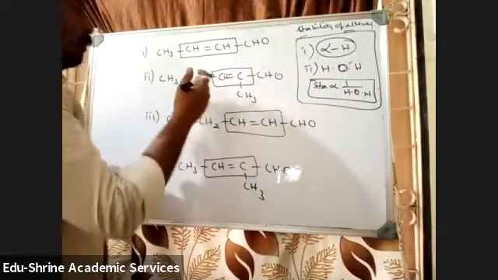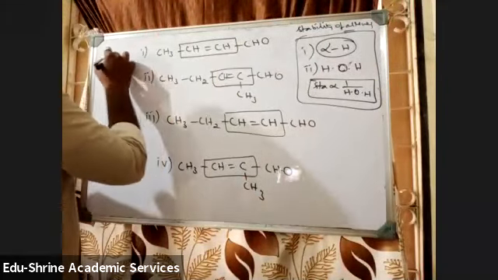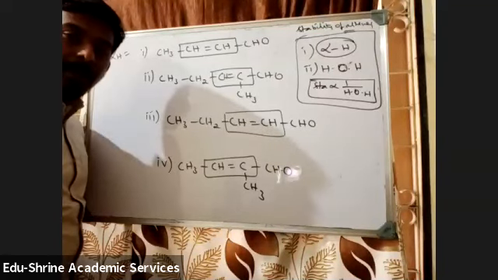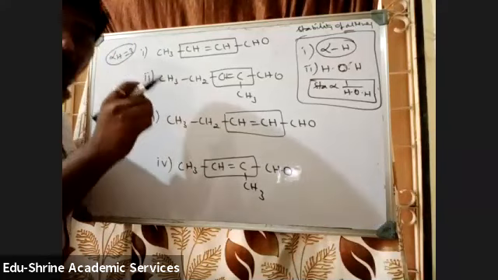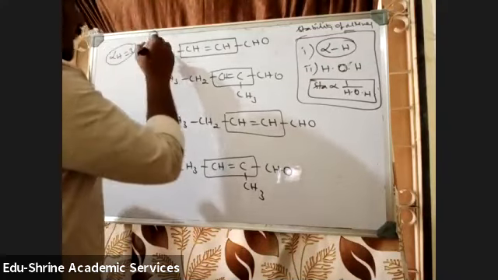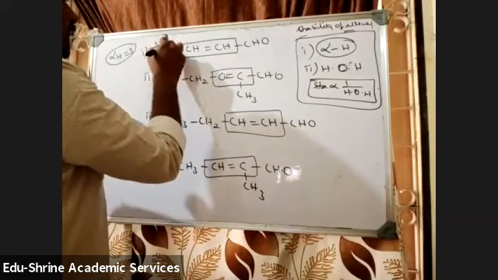So through number of alpha hydrogens. How many alpha hydrogens are there in the first case, students? 4 or 3? 3. Alpha hydrogens means hydrogens attached to sp3 carbon atom. This is sp3 carbon atom.